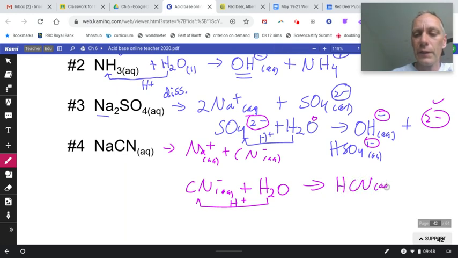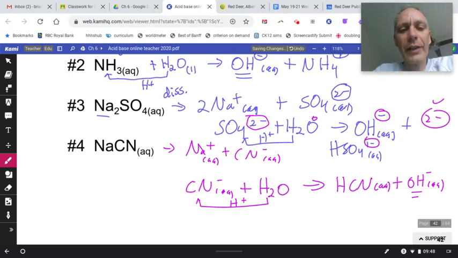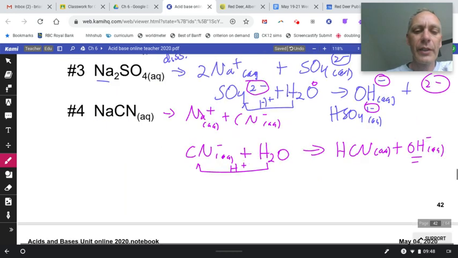HCN and OH minus. There we go. Basic solution. So that is the modified Arrhenius definition for acidic and basic compounds, how they react with water or in water to make acidic and basic compounds.